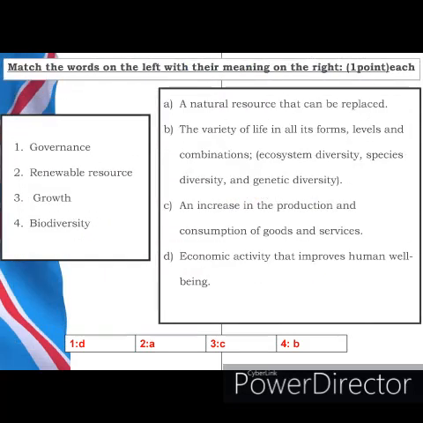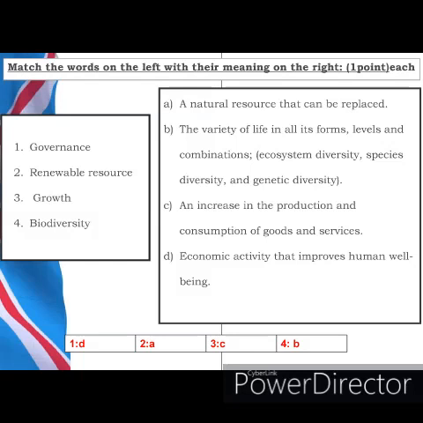Next exercise, it's a matching exercise. You've got match the words on the left with their meaning on the right. Okay, of course this is about definitions. Here we have 4 words, what are their meanings? And you know in a definition we always have a keyword that refers us immediately to the word needed to be joined to it.